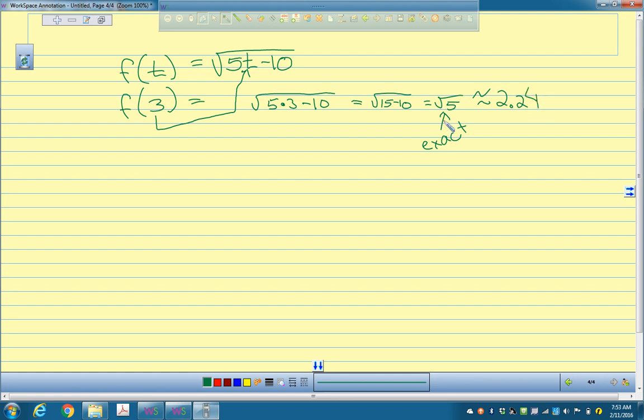So on your Math Excel, guys, sometimes they'll say round your answer, sometimes they'll say leave it exact. This is what they mean by exact, okay?